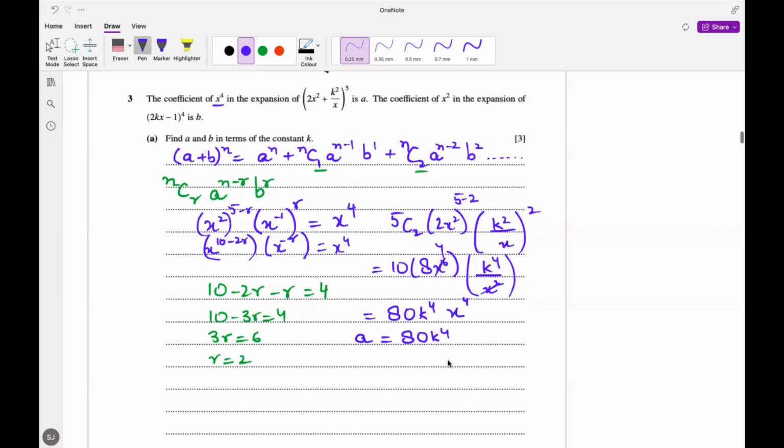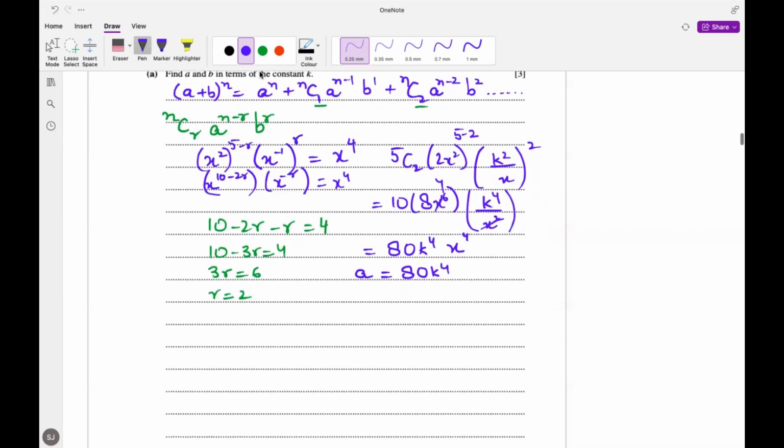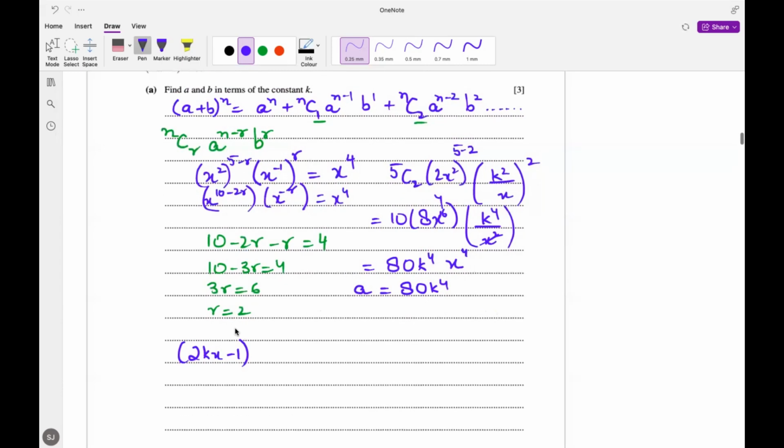And the next expression, which is (2kx − 1), we'll write (2kx − 1) to the power, so the power is 4 over here. The coefficient of x² is b. So for this, we can say now that if we take nC2, we'll get the power x².